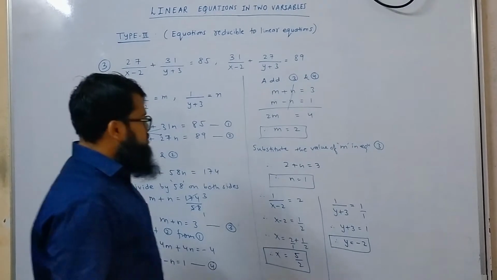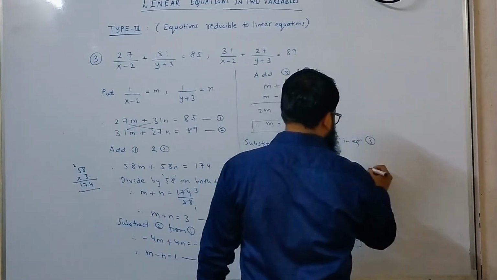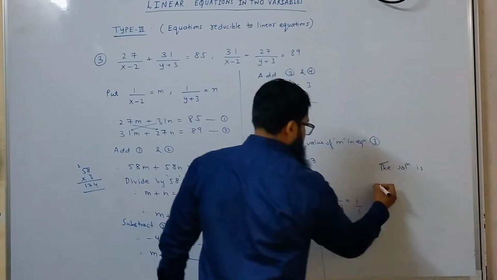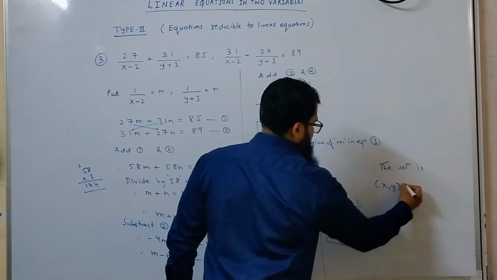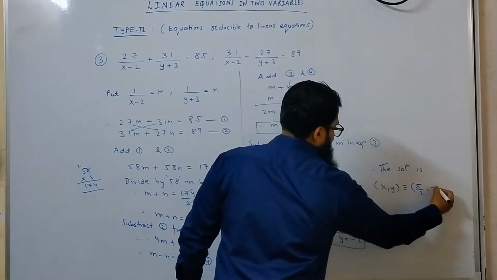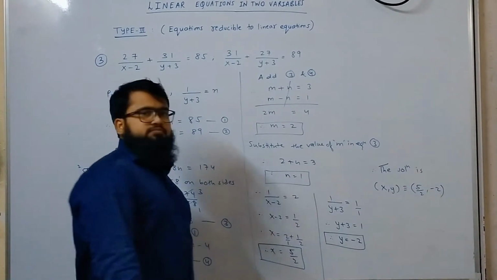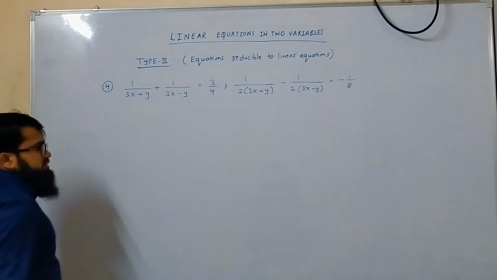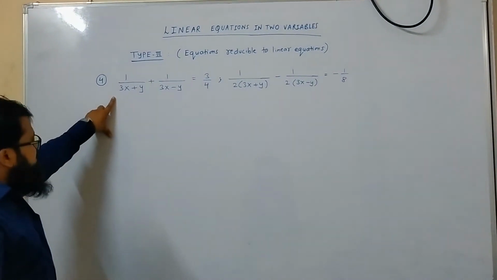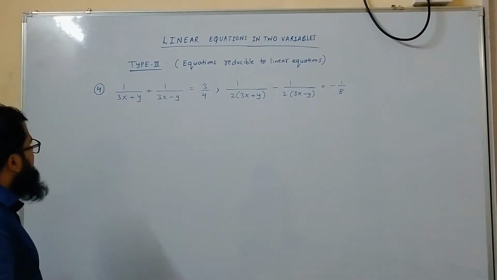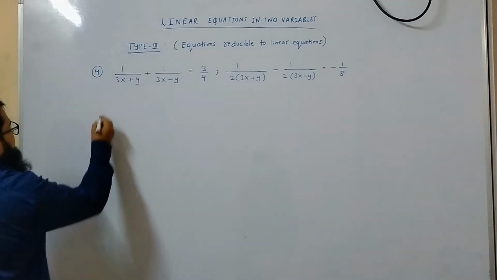So therefore, the solution is x comma y corresponds to 5 by 2 comma minus 2.